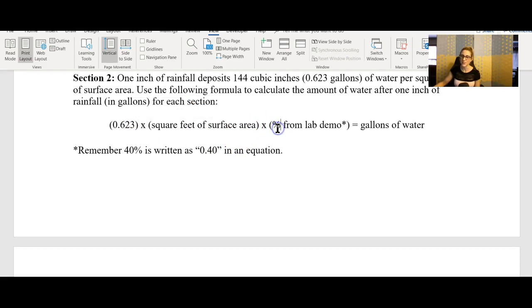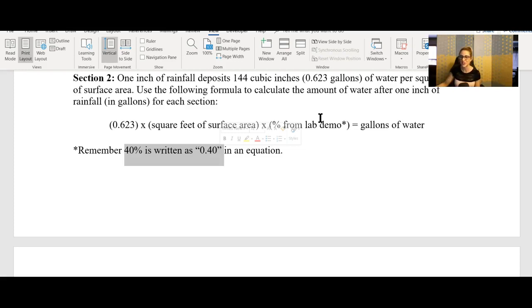So we have to convert the percent to decimal form first before we can multiply it. So 40% is actually 0.40. Remember when you have a percent sign, you just move over 2 decimal spaces there, since it's a 0, 0. So that's the deal there.